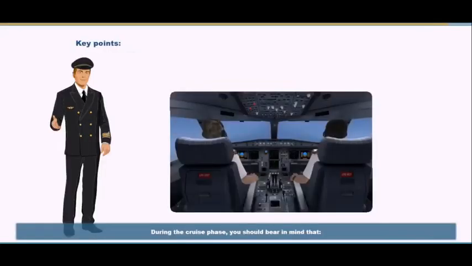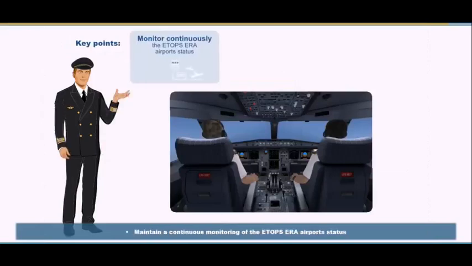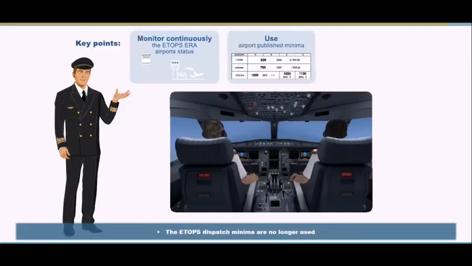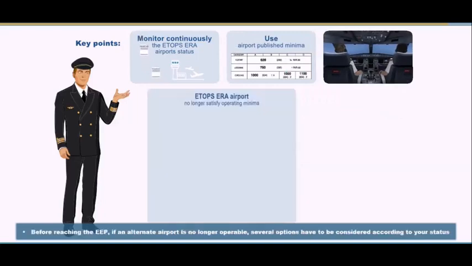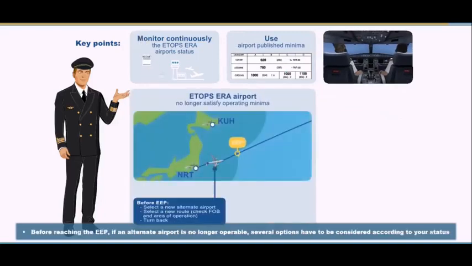During the cruise phase, you should bear in mind to maintain a continuous monitoring of the ETOPS CRA airport status. The ETOPS dispatch minima are no longer used. Before reaching the EEP, if an alternate airport is no longer operable, several options have to be considered according to your status.